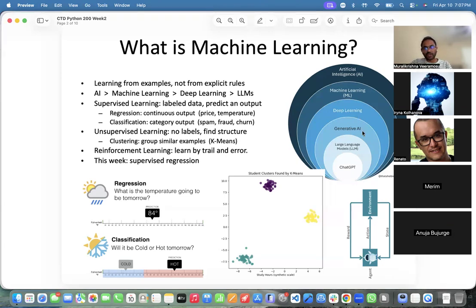And then we have generative AI. Generative AI is where it generates the content, right? If you know about LLMs or ChatGPT, it is constantly trying to predict the next word. If you write two words, it will predict the third word.